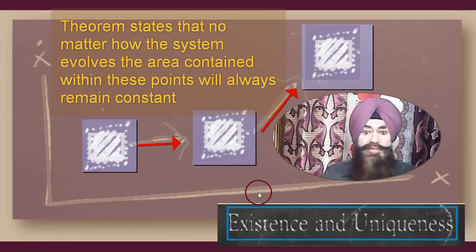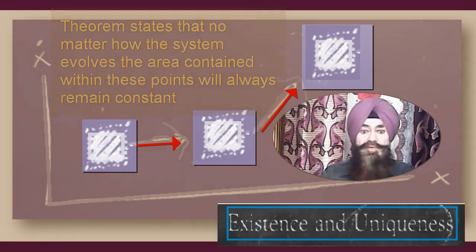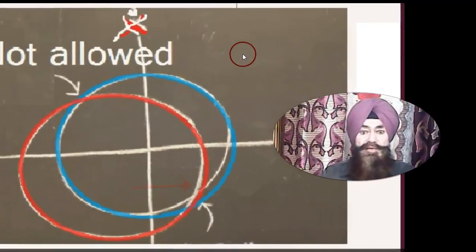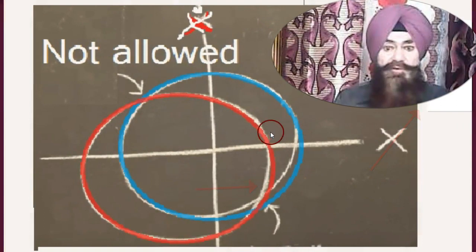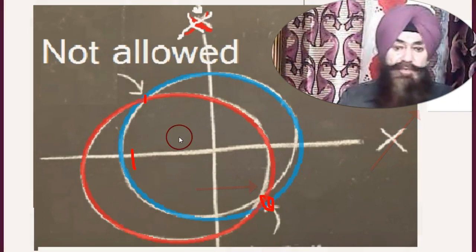Now, another property of the phase space is existence and uniqueness. Like we have a trajectory or a path in the phase space. So this is one path, and there is another path, and both intersect at this point and this point. This is not allowed, because the phase space has a property of uniqueness.